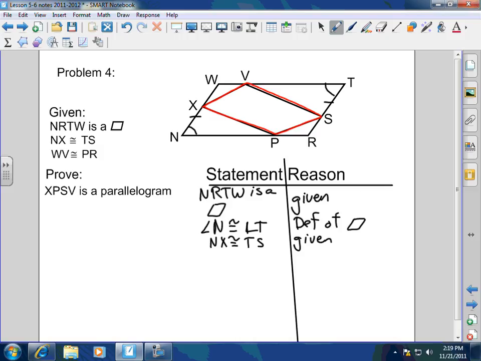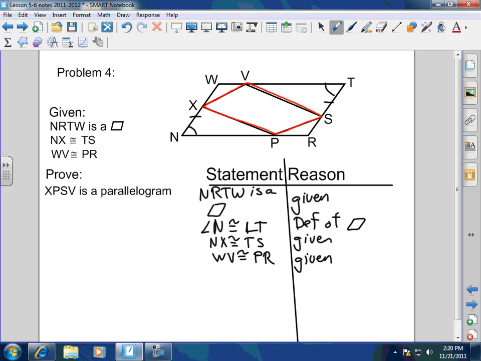No, that isn't going to really help us. We could state the given again now. WV is congruent to PR. Just give me a couple seconds, guys. Relax.